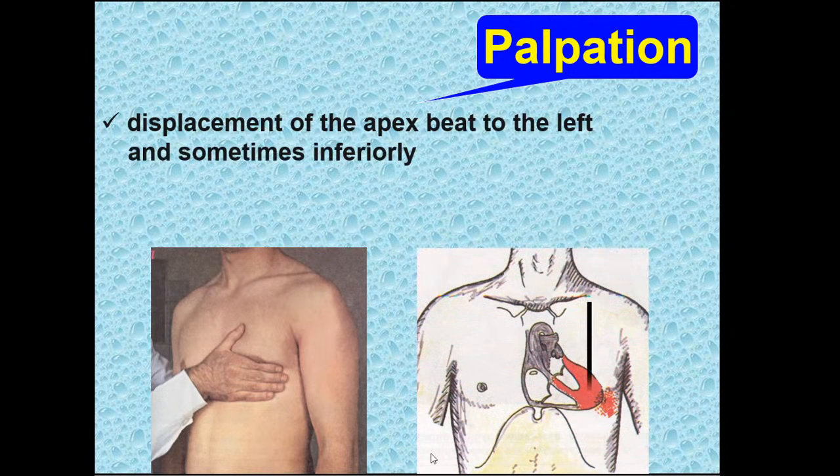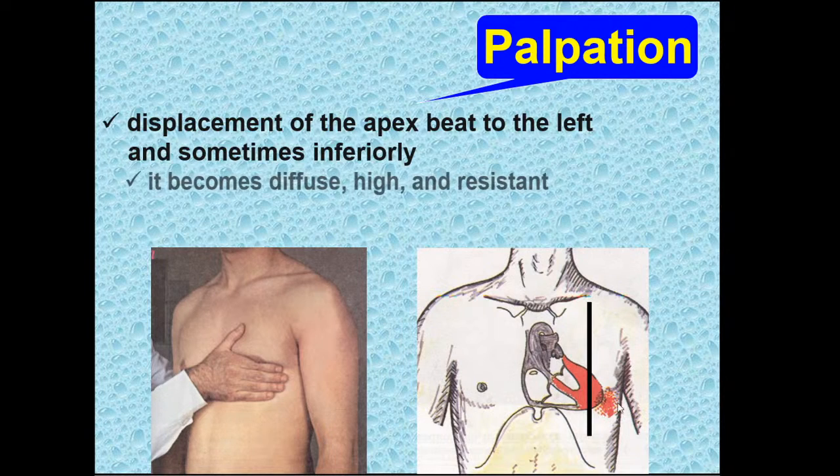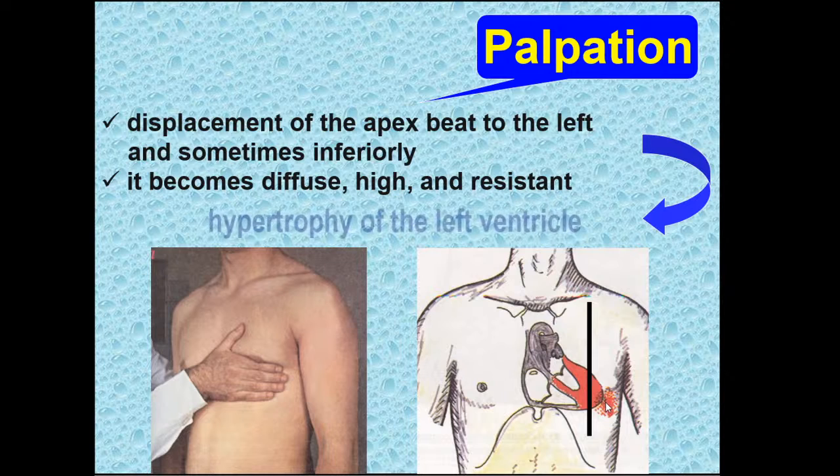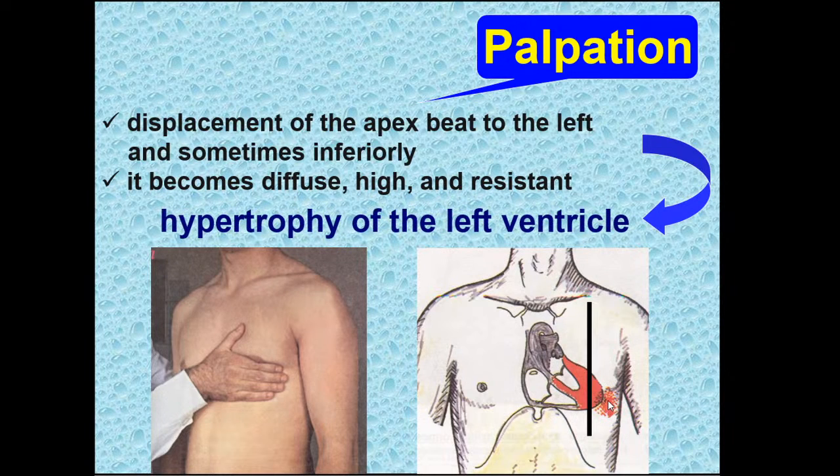Due to its hypertrophy, the apex beat will be displaced. It becomes diffuse, high, and resistant. Palpation will reveal a problem with the heart apex, whose beat becomes diffuse, high, and resistant.